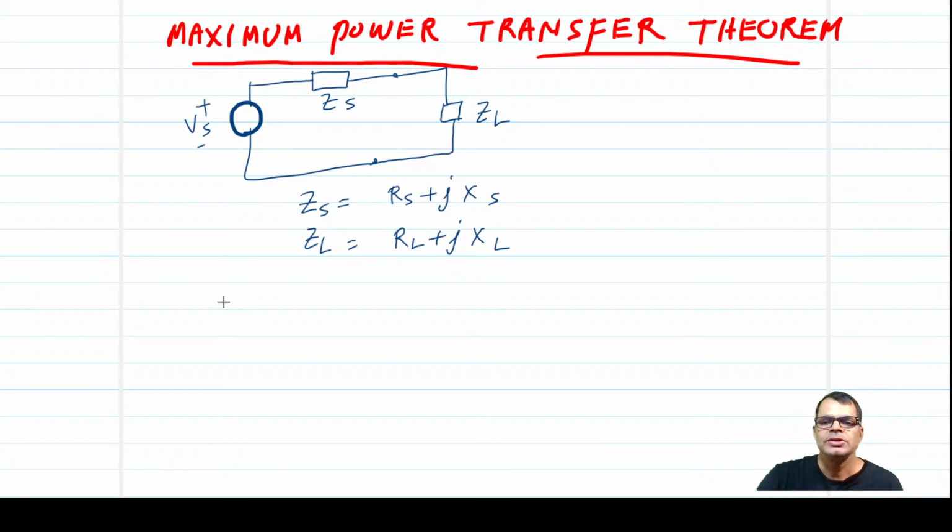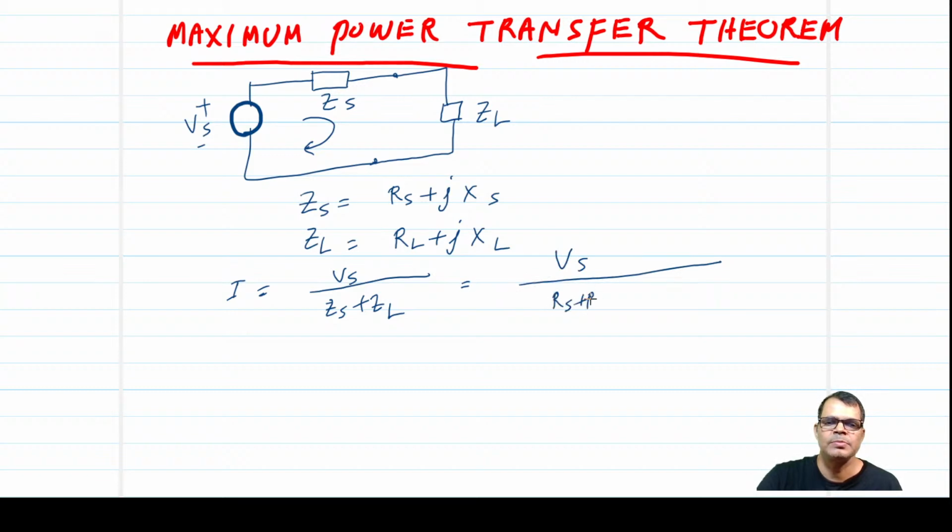You can easily write the current I is equal to Vs upon Zs plus Zl, which is equal to Vs upon Rs plus RL plus j (Xs plus XL).